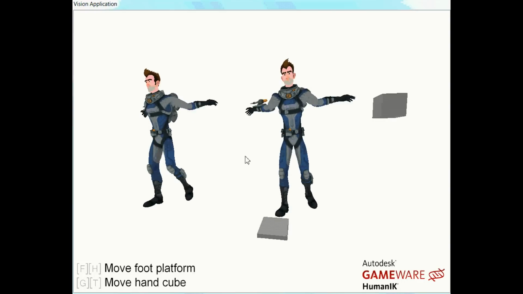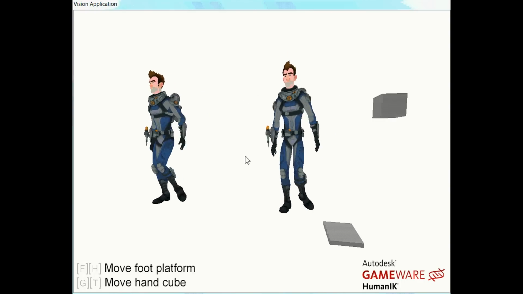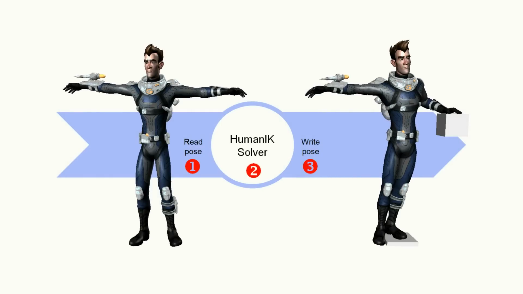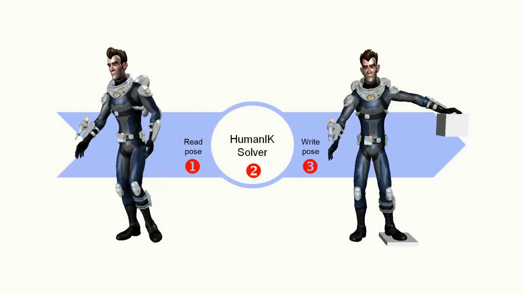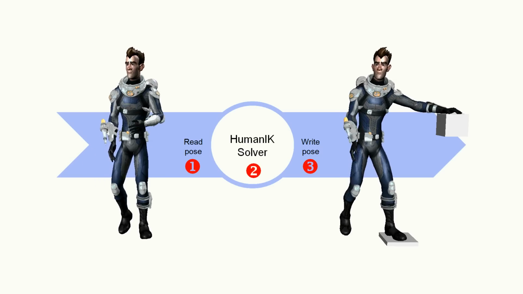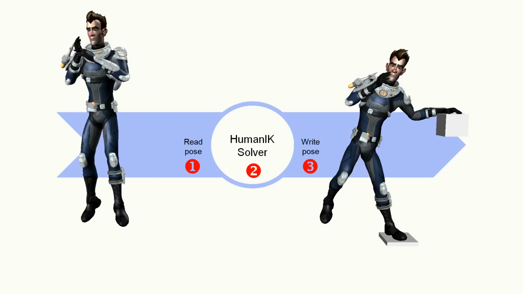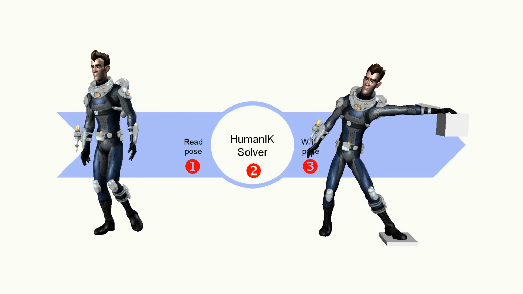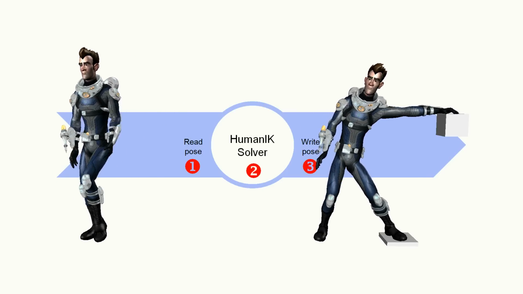Here is what we need to do to activate the HumanIK solver. First, we need to provide it with a valid input FK character state, then we should call the solver, then we should write back the generated HIK character state on the game engine skeleton. This is the natural order for this sequence.